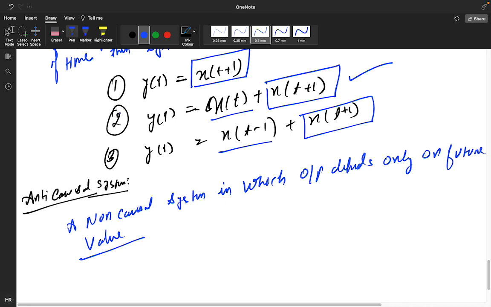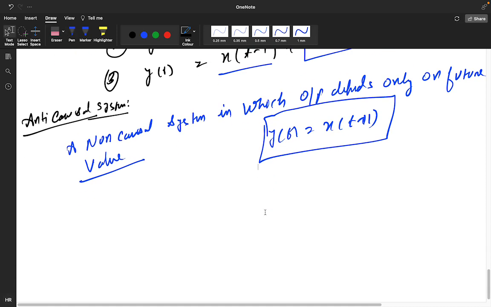Every non-causal system cannot be an anti-causal system. This is your non-causal system, but here a present and past value is there, so this is not an anti-causal system. But in y of t equal to x of t plus 1, only the future value is coming, so this can be an anti-causal system also. For example, y of t is equal to x of t plus 1.